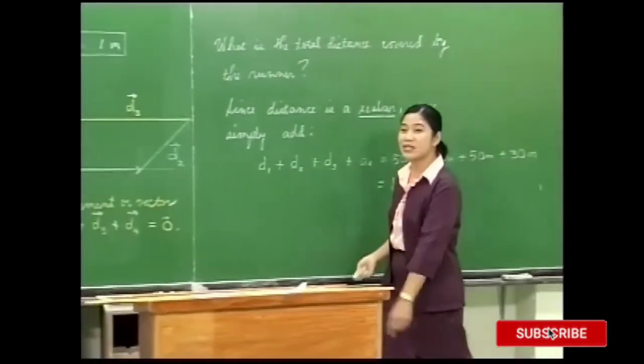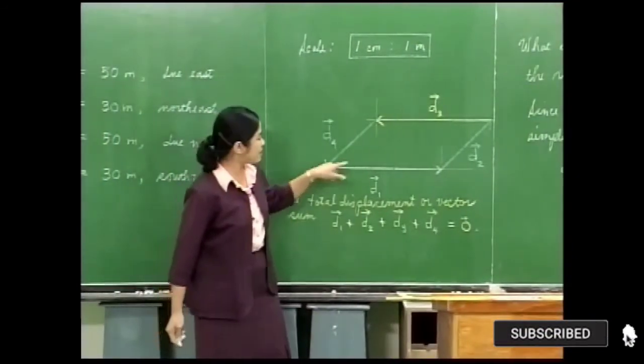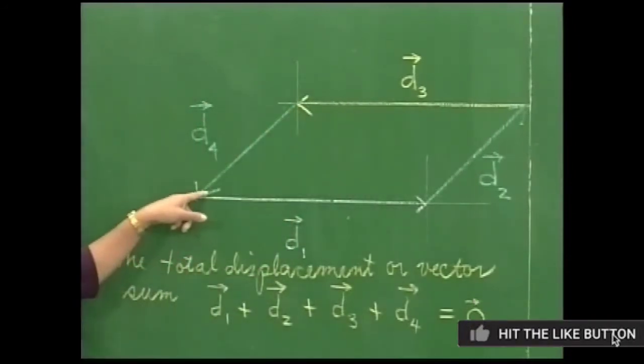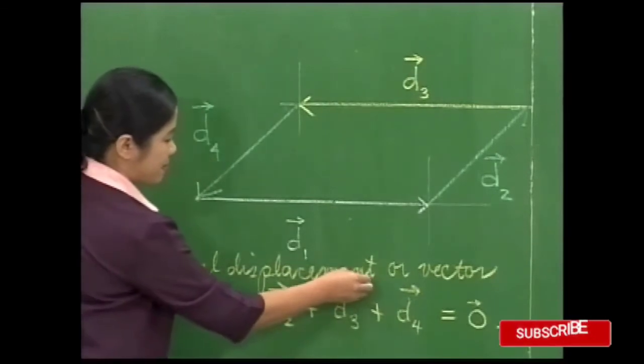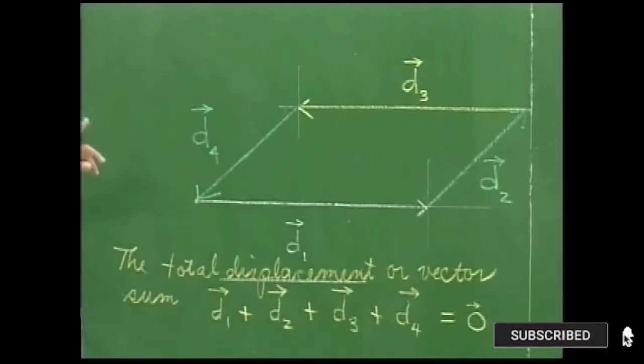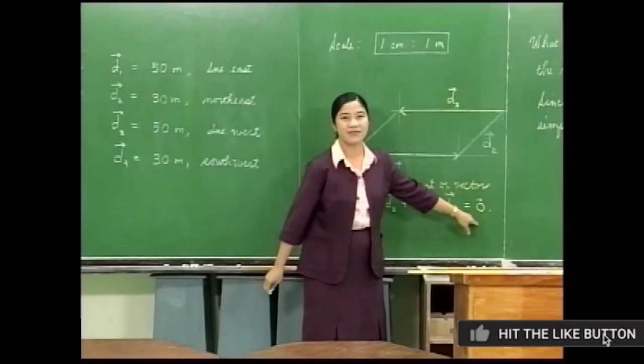That's why the runner maybe feels tired, because he ran all the way from this point to this point to this point to this point to this point. But when you talk about the displacement, a displacement is a vector. It is different from distance. Then the total displacement is 0.